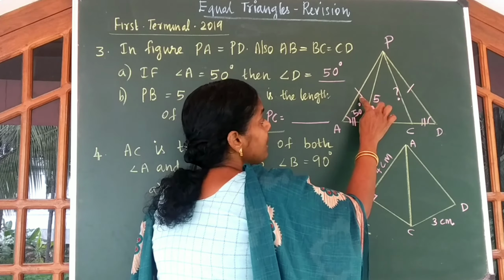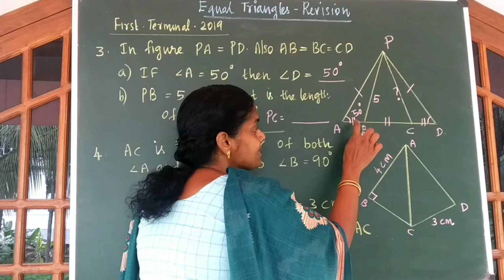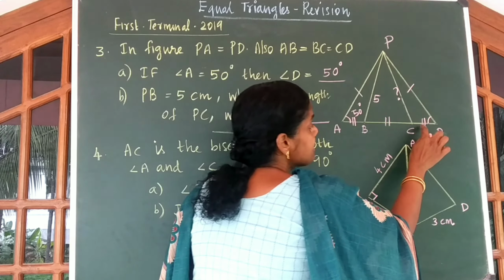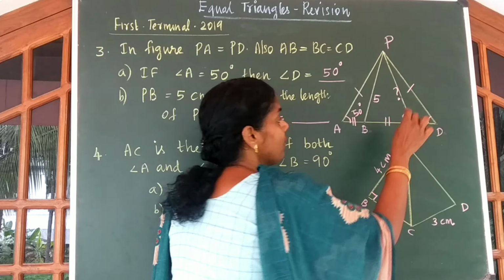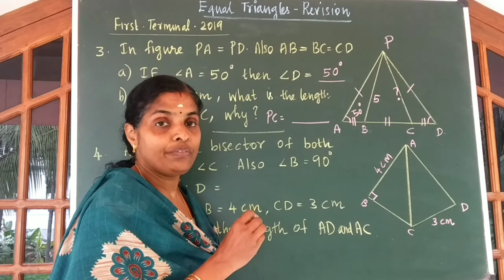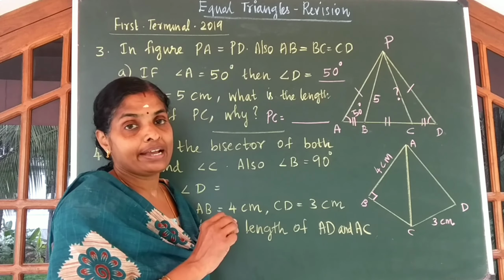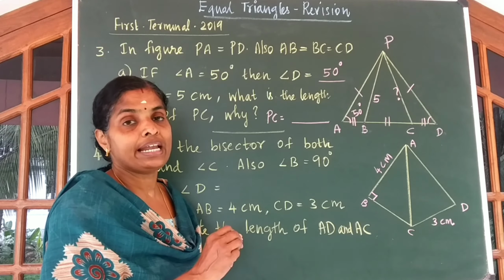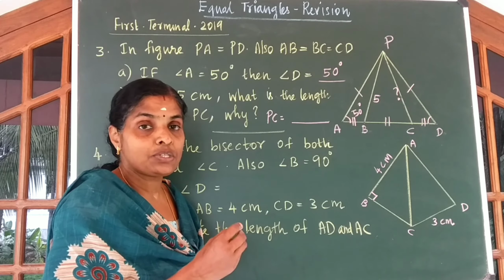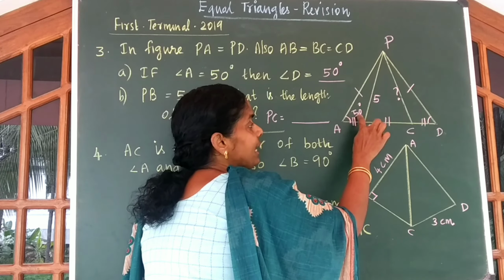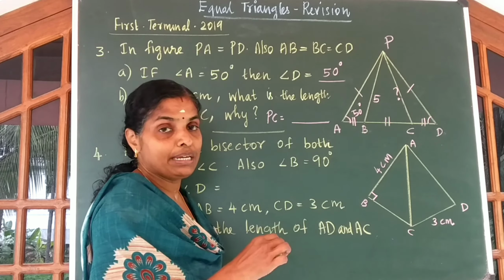Therefore, using our SAS congruence, side, angle, side of the first triangle are equal to side, angle, side of the second triangle. So, we can call these two triangles to be equal triangles. Now, in the case of equal triangles, what do you know? Sides opposite to equal angles are equal. Opposite to 50 degree, you have 5 centimeter.